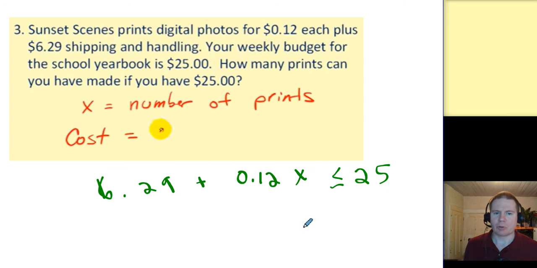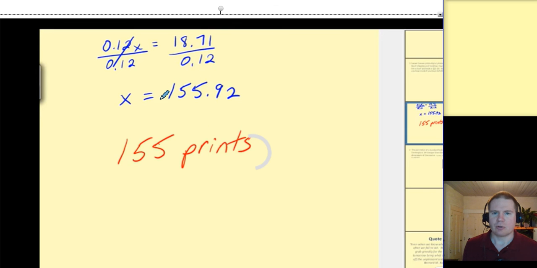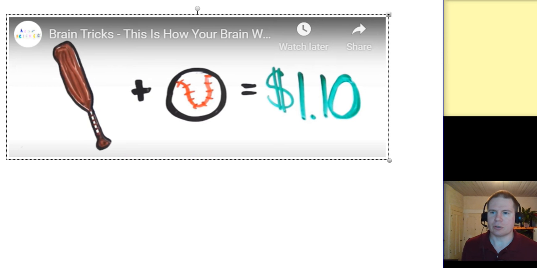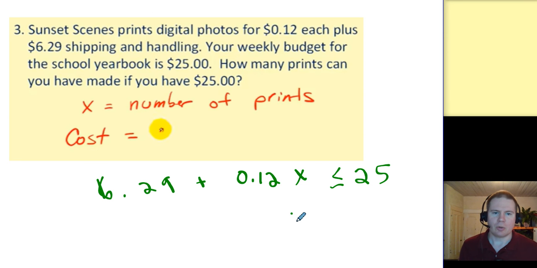So when we go through all of this, and he gets 155.92, which is an estimation here, skipping all the steps in between here. It's not technically that x is equal to this, it's that x is less than or equal to that.